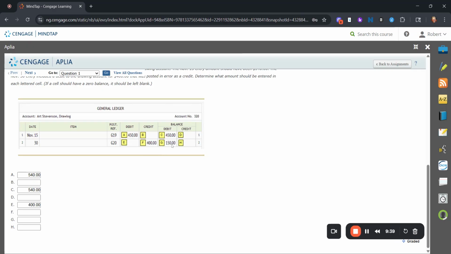Now we're going to add. And G is going to be $940. So that is the 4-4 work together.